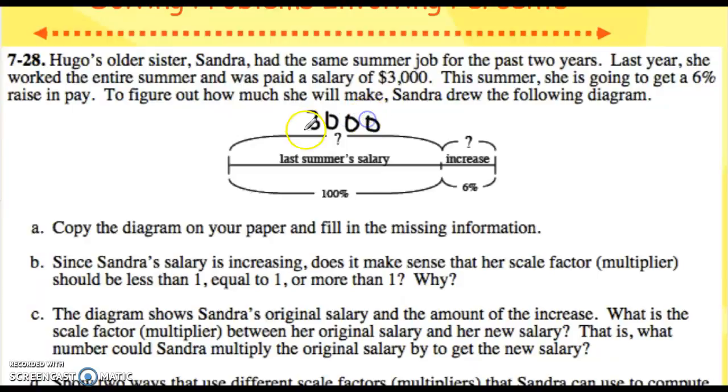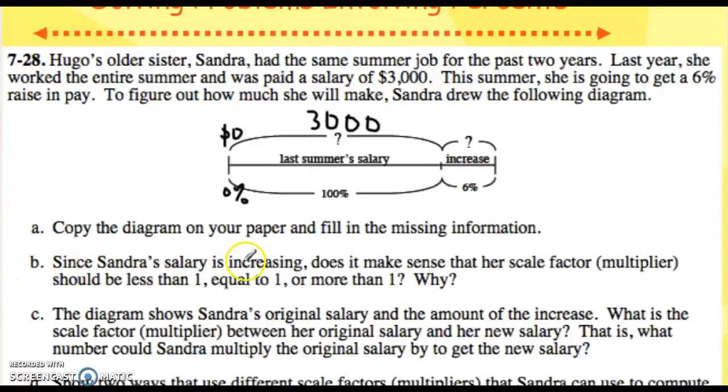I know that 0% of her pay would be here at the end, and I know that would be $0. Okay, so I can fill that in. And her percent increase, I don't know. So I can leave that part blank.